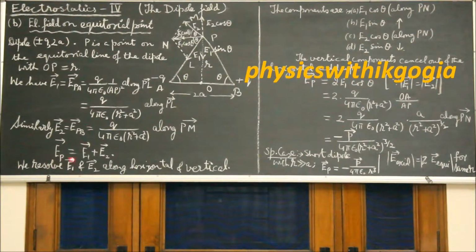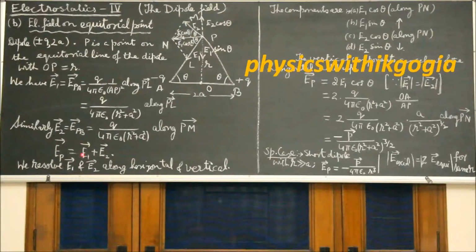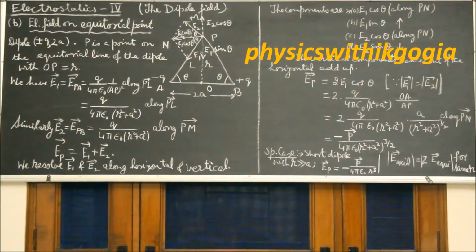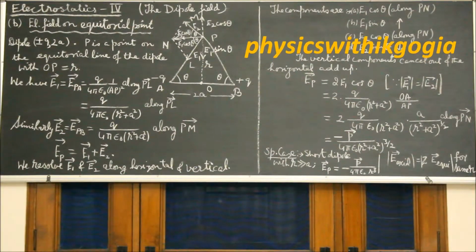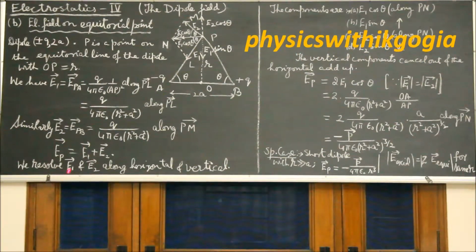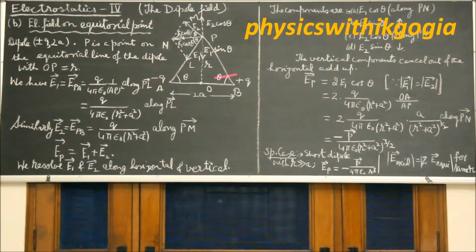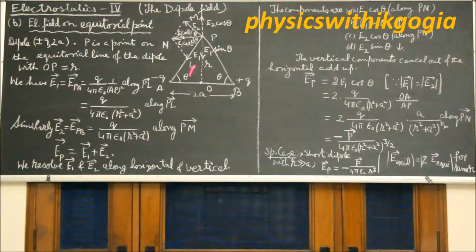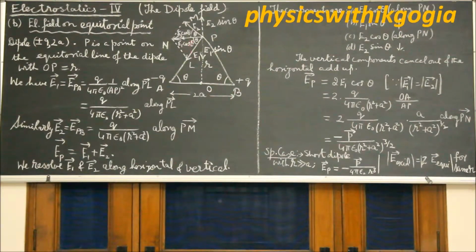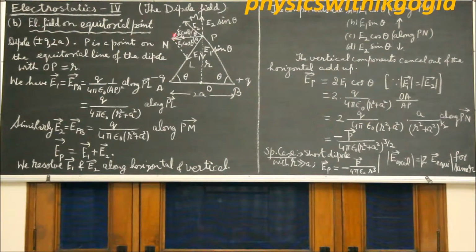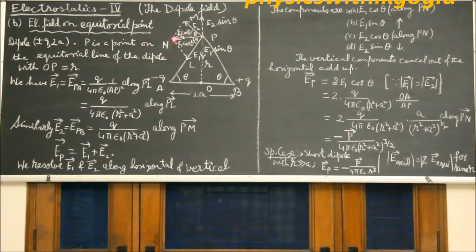The net field at P is the vector sum of the two fields due to the individual charges, E1 and E2. In order to calculate EP, let us resolve E1 and E2 along the horizontal, that is parallel to AB, and the vertical along r. The components of E1 are E1 cos theta along the horizontal, or along PN, and E1 sin theta vertically downward.